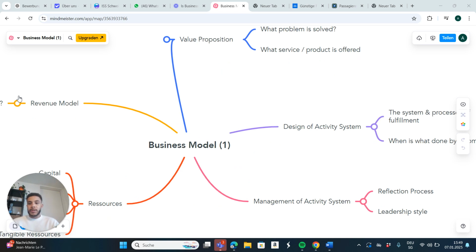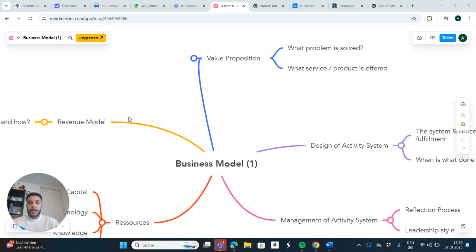I call it a business model star when I'm talking about it with my team. It's also some kind of derivation of the business model canvas, but I cut out the stuff that I deemed unimportant and was left with five branches.